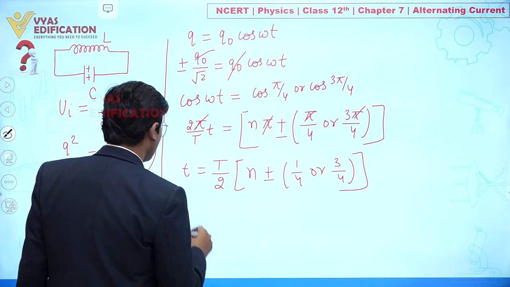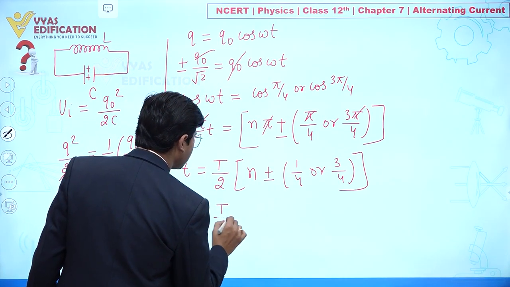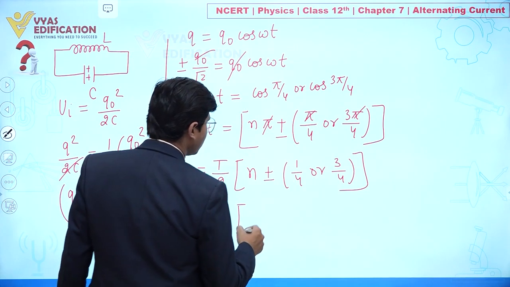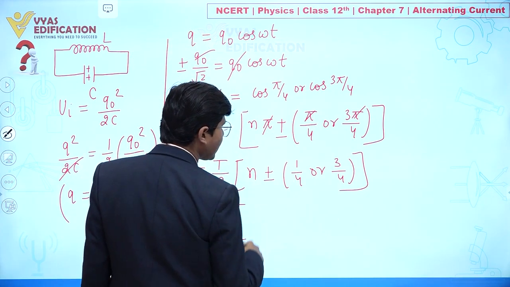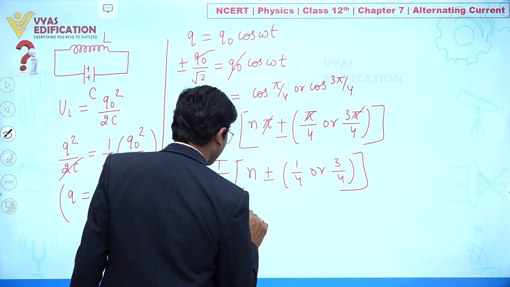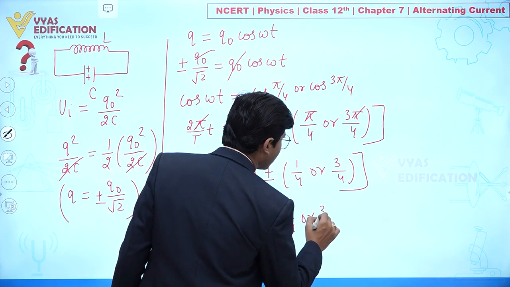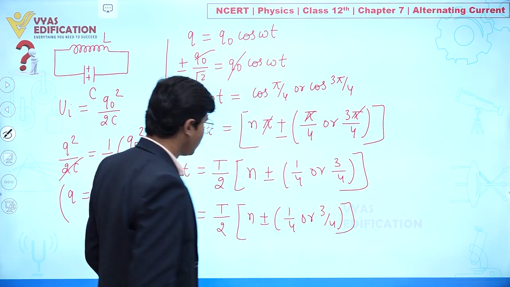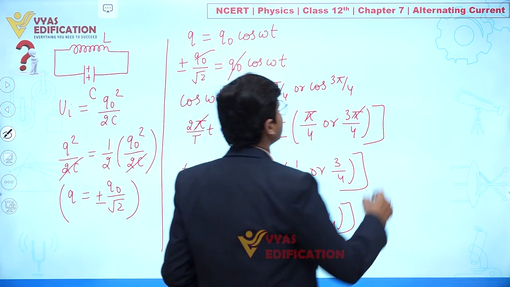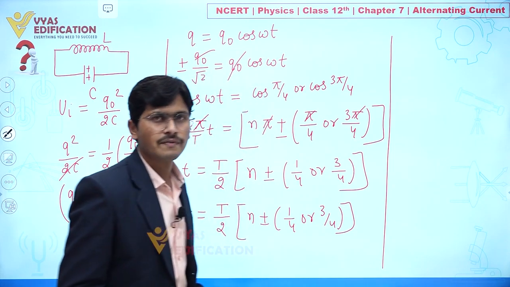So t is given by T by 2 times n plus minus 1 by 4 or 3 by 4. Now you may ask, sir, why are you writing this? Because we are actually getting two different times.